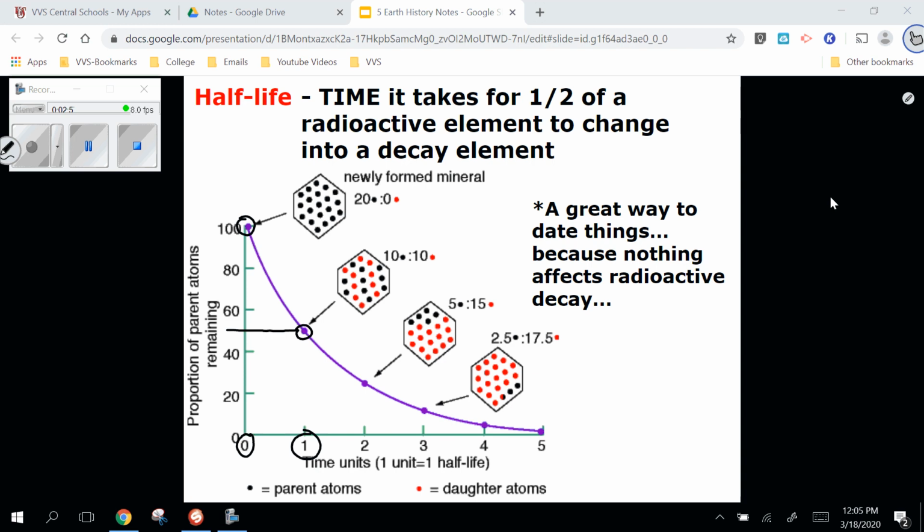So if you look at this graph, we've got 20 atoms, so to speak, of carbon 14 and no atoms of nitrogen 14. After one half-life, now we're down to half the carbon. We've got 10 carbon now. And those 10 carbon that changed turned into nitrogen.